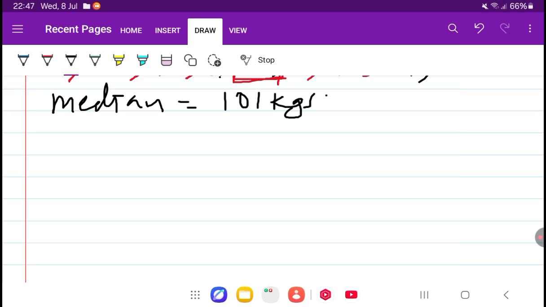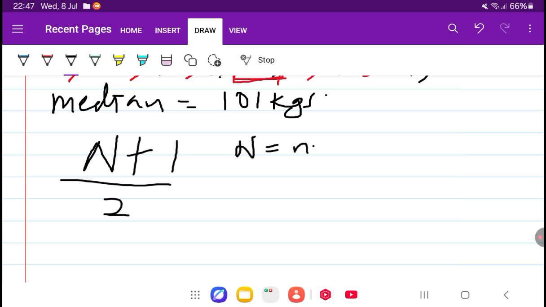Now if we are using a formula to compute the middle value, this is the formula that we always use for an ungrouped data set. We get n plus 1 divided by 2, and this n is the total number of observations or values, then plus 1 if they are odd.